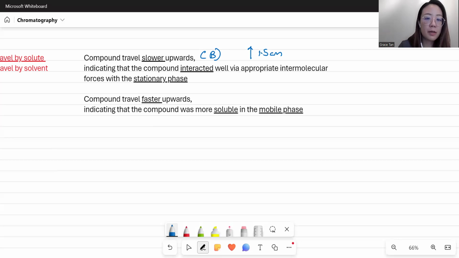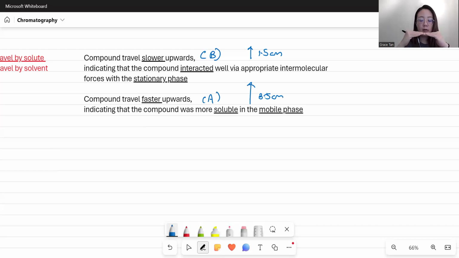Now, compound A traveled faster and longer outwards. A traveled 3.5 centimeter. Why did A travel so fast for the same amount of time in the same experiment? It means that amino acid A was more soluble in the mobile phase, because the mobile phase, your solvent, will move upward via capillary action.